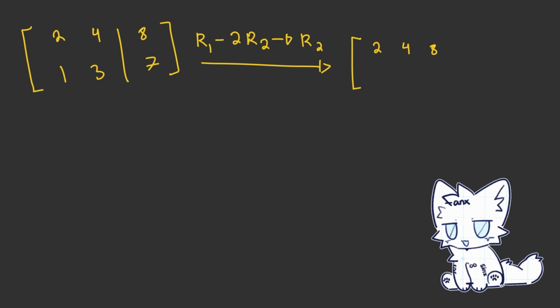2, 4, 8, and then -2 times 1 is -2, and that means 2 minus 2 is 0, so that becomes 0, and then 3 times -2 is -6, plus 4 is -2, and then -2 times 7 is -14, -14 plus 8, that should be -6.